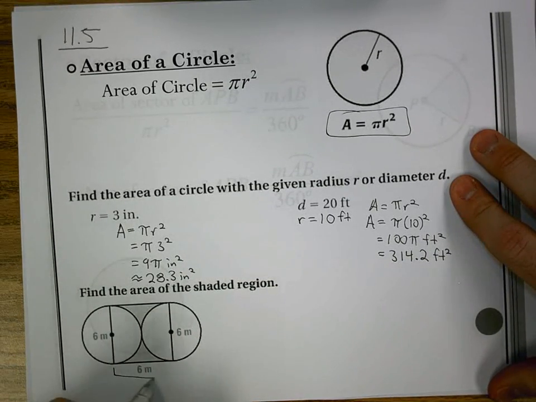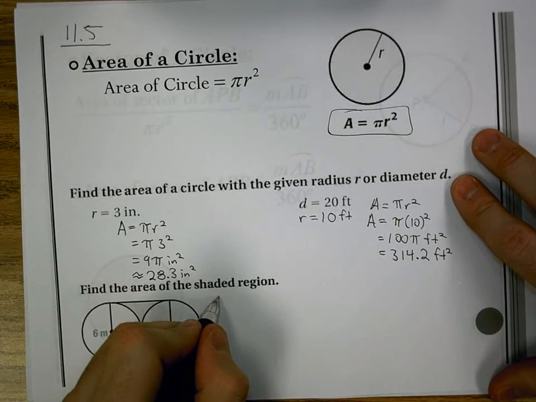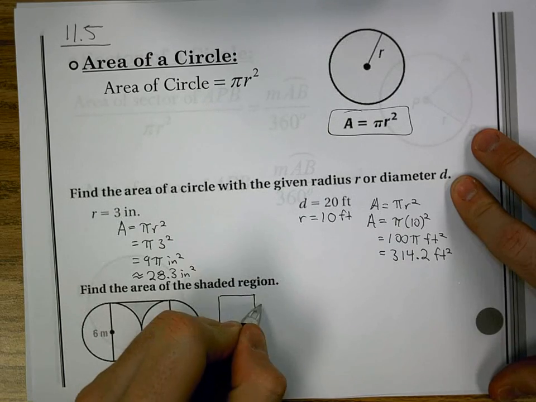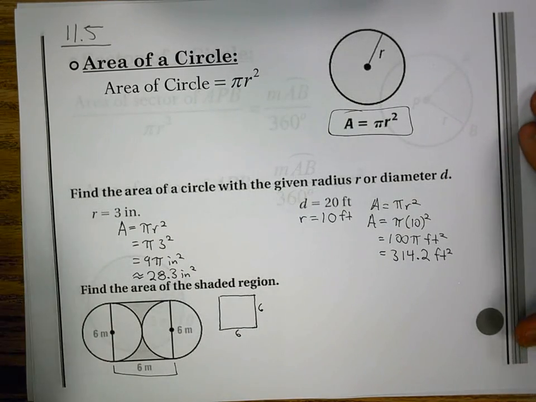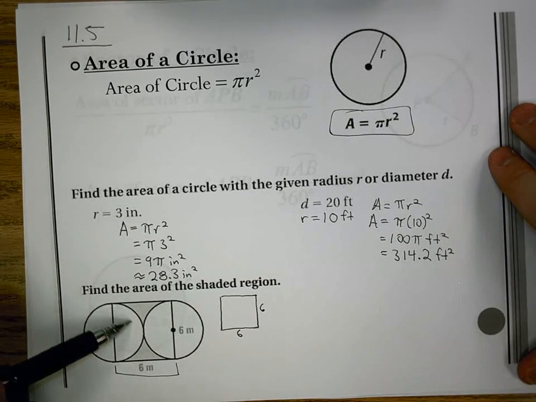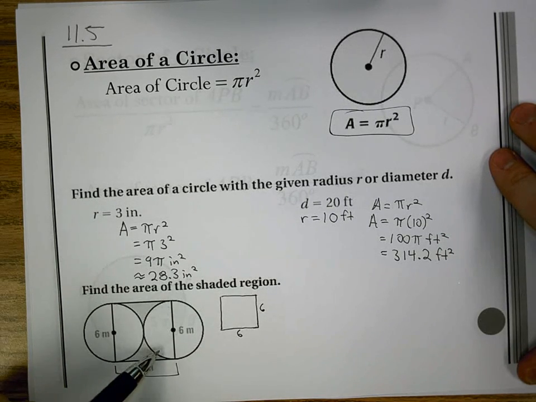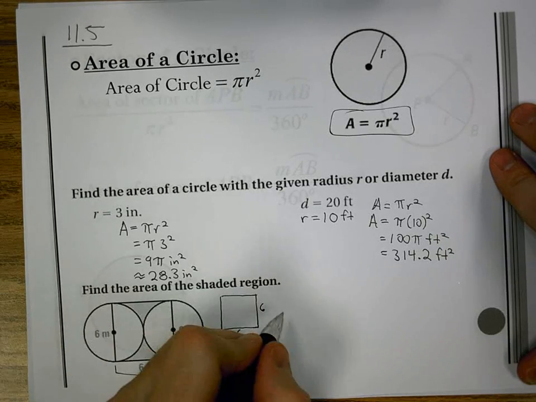For example, I have a square here. This square is 6 by 6. If I subtract out the area of this half circle and this half circle, I will have what's left over.